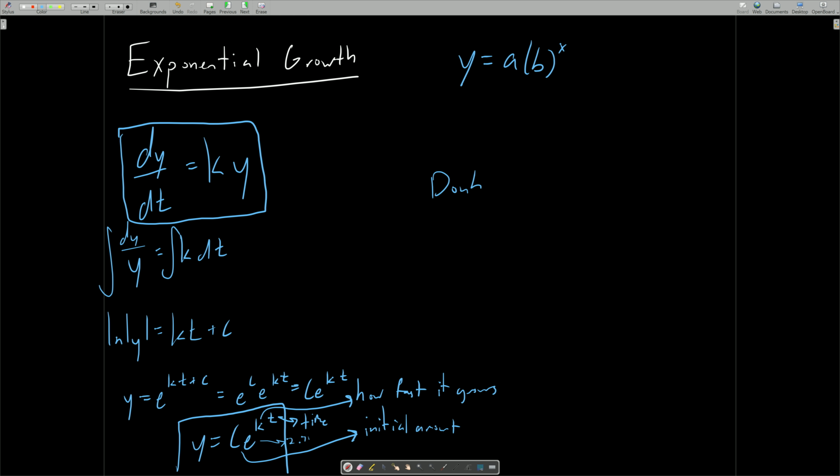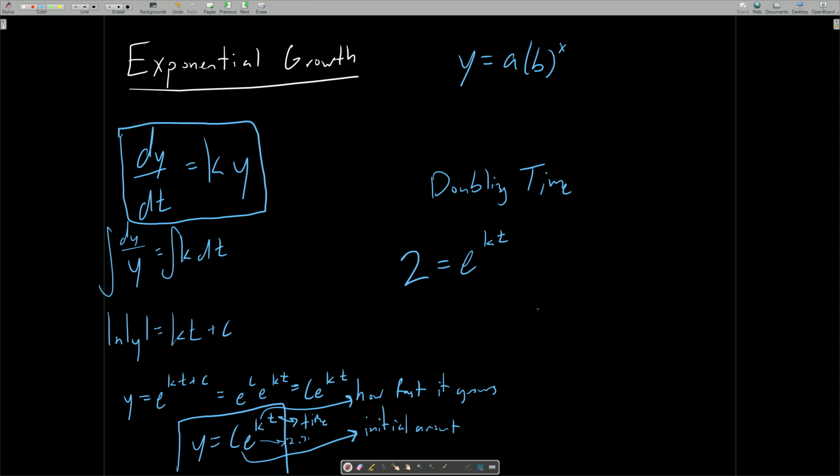We also go over doubling time. You can set up doubling time by using 2 equals e to the kt. Sometimes it will give you your actual doubling time, or this value for k right here, and it may ask you to solve for the other.